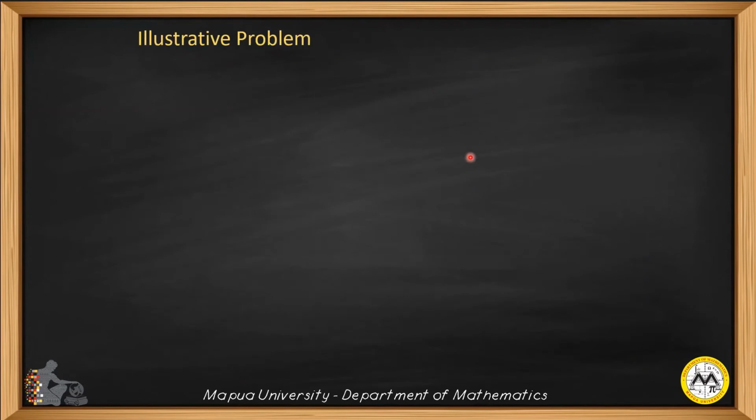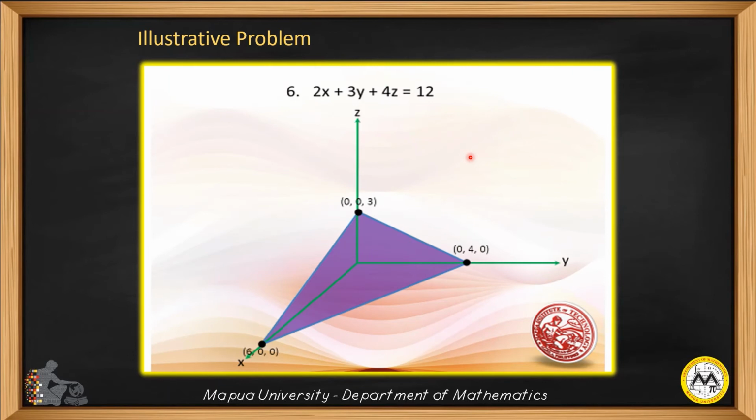Now, when you are given an equation that involves all three variables, so in the case of having 2x + 3y + 4z = 12, how do we sketch the plane? If you notice in the previous slides, what we did was to plot the intercepts.